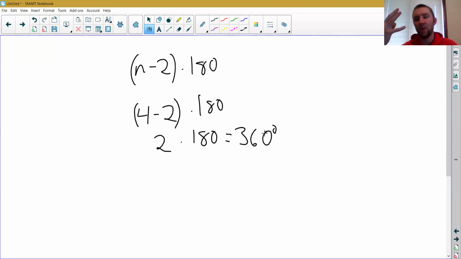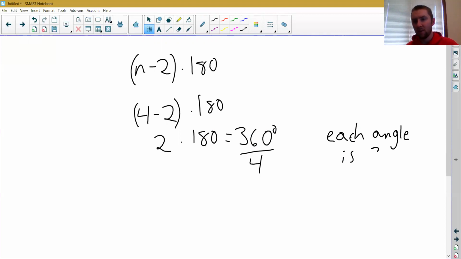So a four-sided shape always has interior angles that add up to be 360 degrees. Now, if it's regular and all four of the angles have to be the same, I should be able to divide this by 4 and figure out each angle, right? So in a regular four-sided shape, each angle is 360 divided by 4 is 90 degrees. Okay, so each angle is 90 degrees.